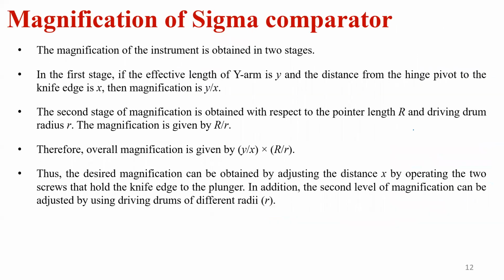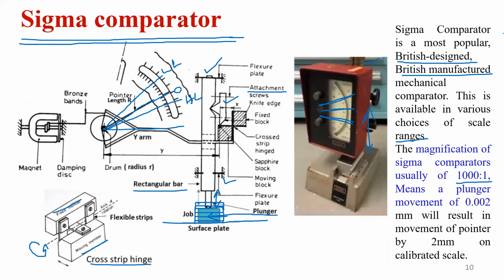The magnification of the sigma comparator is calculated in two stages. In the first stage, Y is the effective length of the Y arm, and X is the distance between the center of the cross strip hinge to the point of the knife edge.